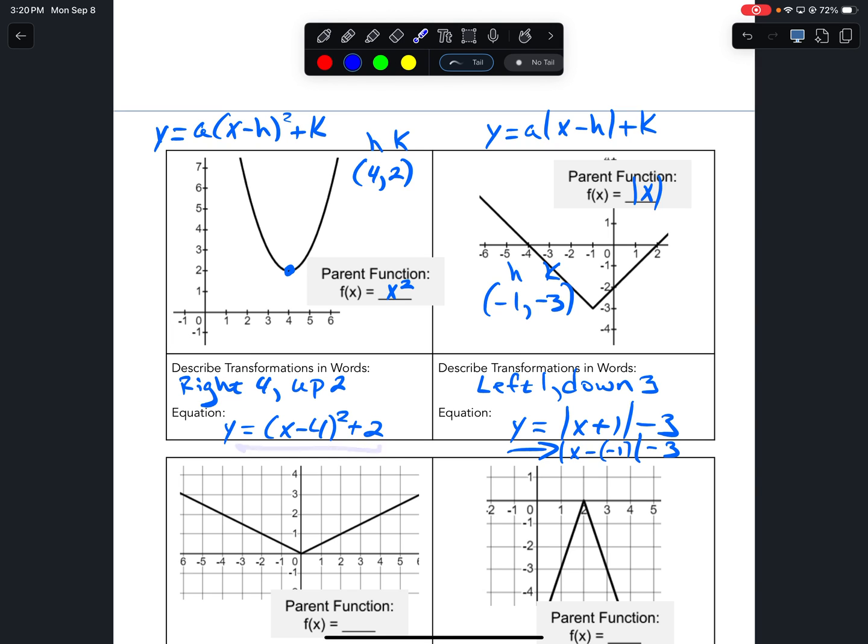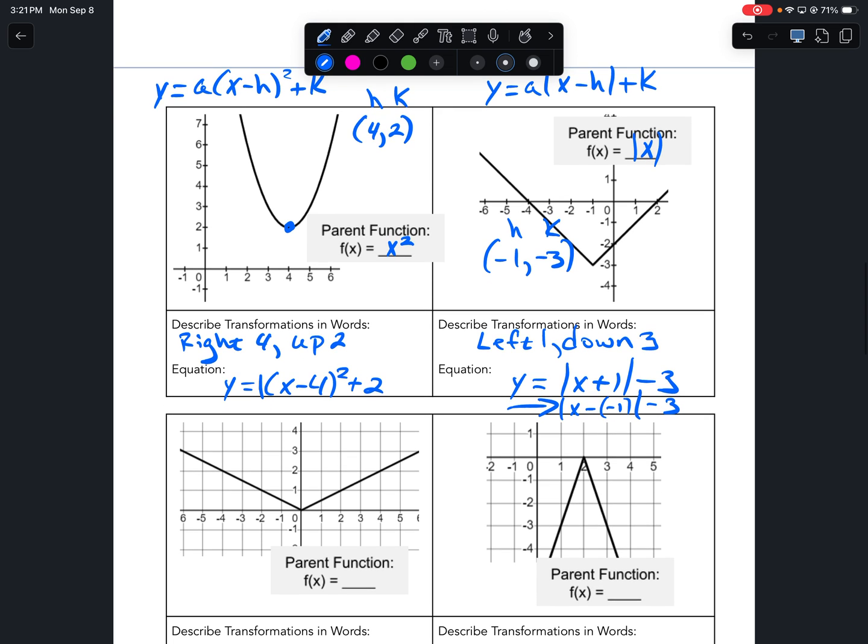The A would be 1, so it doesn't matter. In a test, should I write down A or 1 for the answer? You don't have to write A unless there's a reason to write A, which is a beautiful segue into the next problem, because it changes.